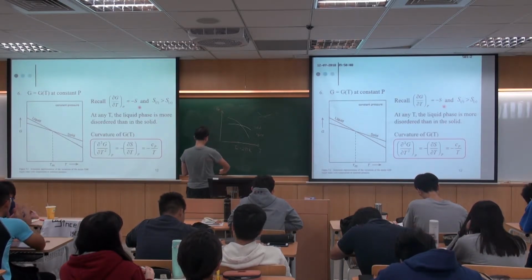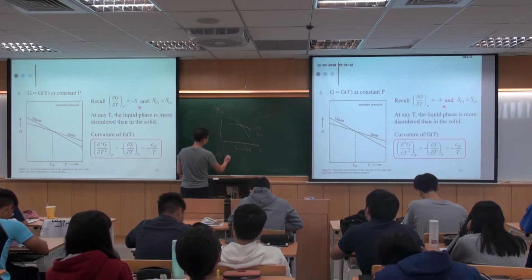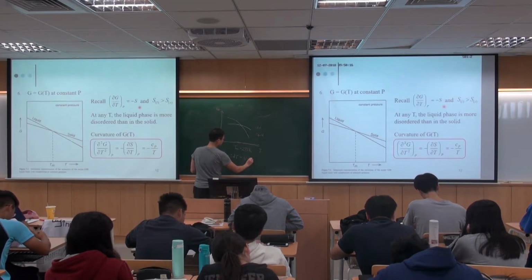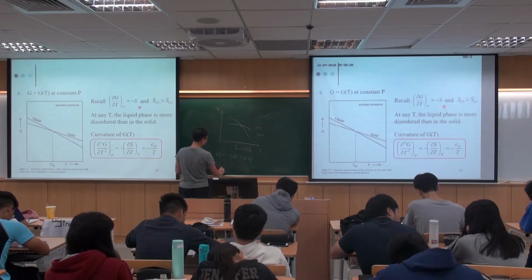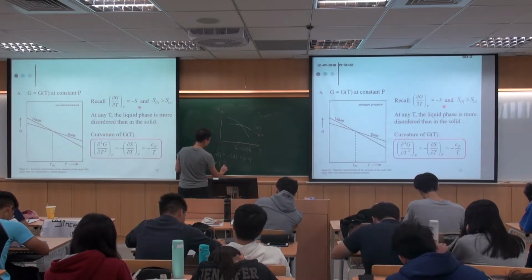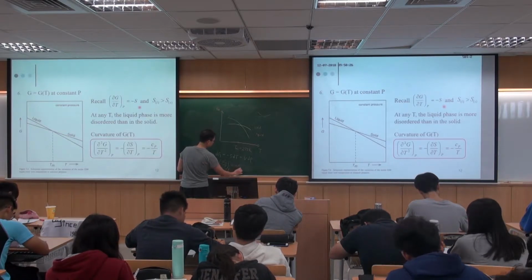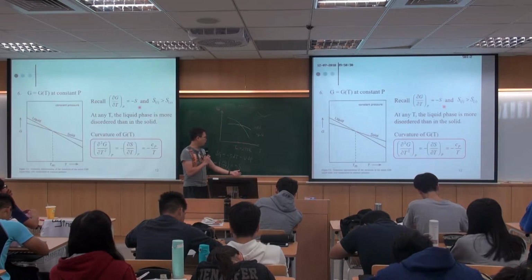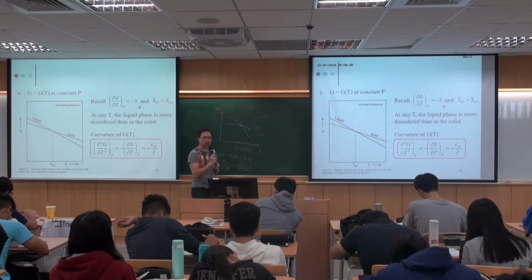That's the reason why I said in this chapter, I think this is the most important thing. So at constant pressure, partial G partial T is simply minus S. It is the entropy of that phase times the minus sign.